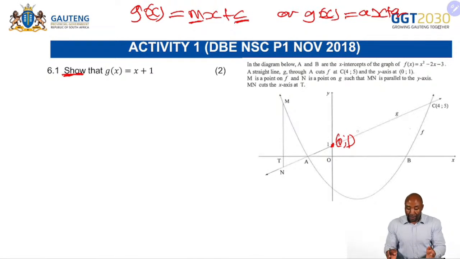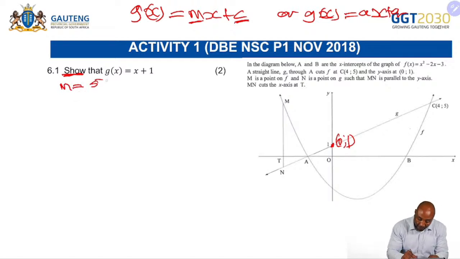So to answer 6.1, the gradient of the function g will be given by m is equal to, using the gradient formula, y at C, which is 5, minus y on our y-intercept, which is 1, over 4 minus the x value there, and this will give my gradient as 1.